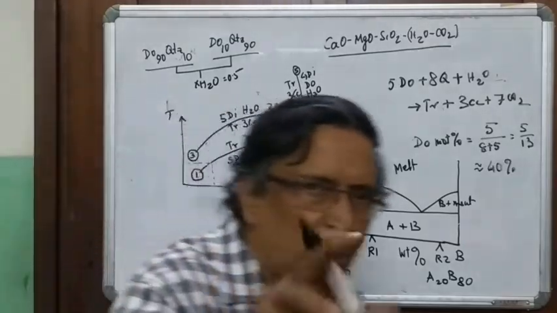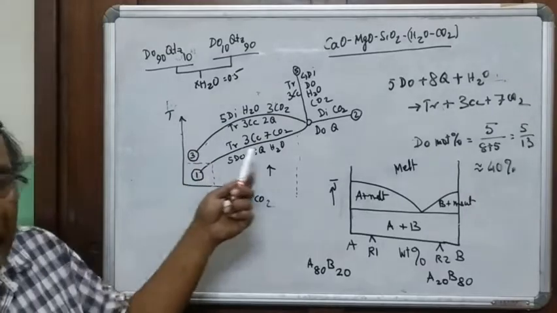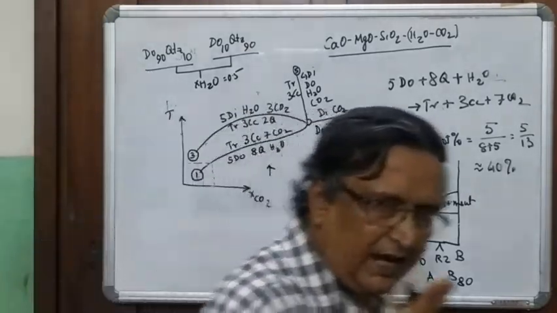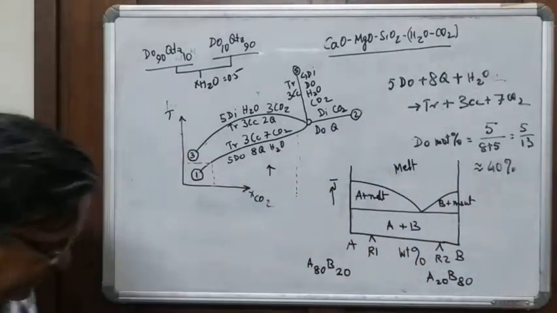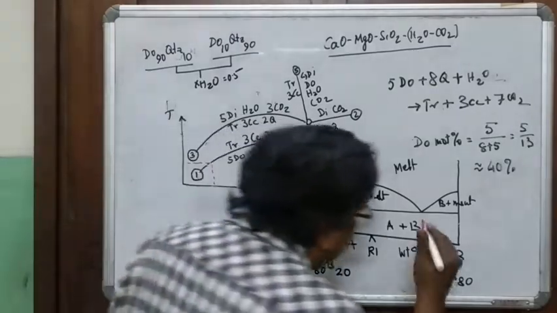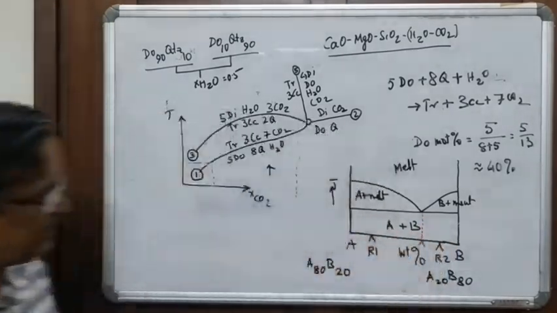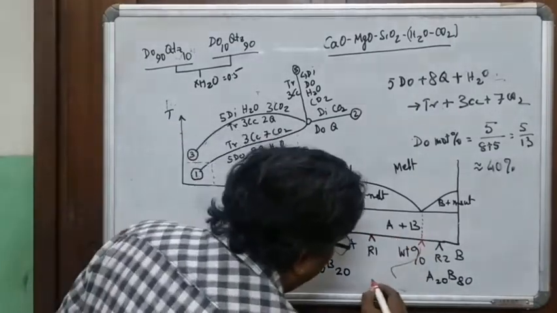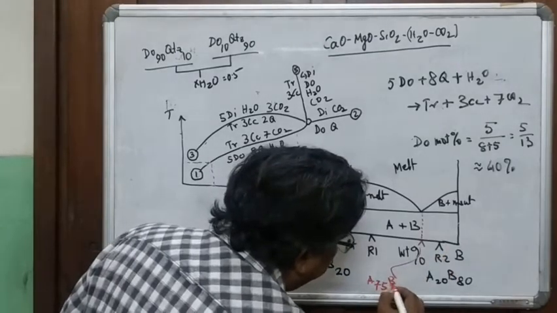That means the mineralogy is pure A and pure B, just like we have dolomite and quartz: A80, B20, or A20, B80. But this point here has, say, A75, B25.